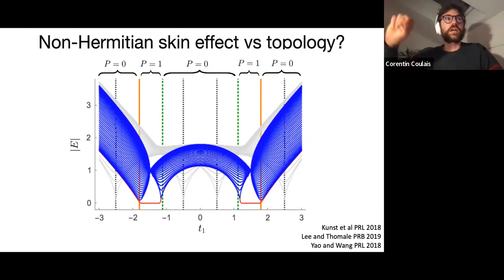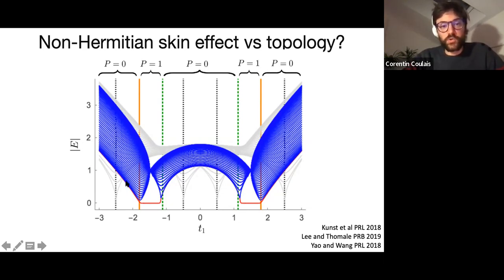The only thing that changes is additional modes at the edge, but the rest of the spectrum shouldn't change, right? Now, what happens if, because of that skin effect, you already have a very strong discrepancy between the spectrum in a ring and in a chain? That's what those people studied.